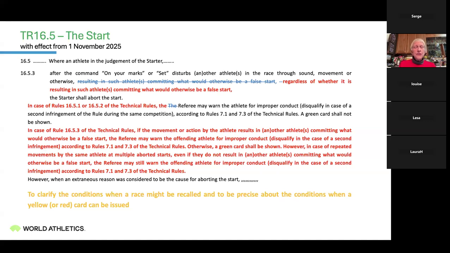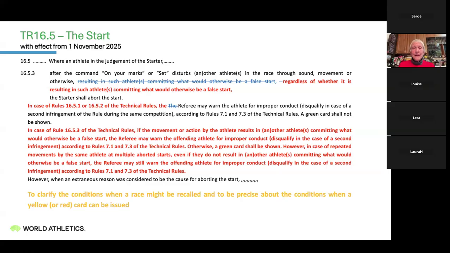In case of Rule 16.5.3 of the technical rules, if the movement or action of the athlete results in one or more athletes committing what would otherwise be a false start, the referee may warn the offending athlete for improper conduct, disqualifying in the case of a second infringement. Otherwise, a green card shall be shown.